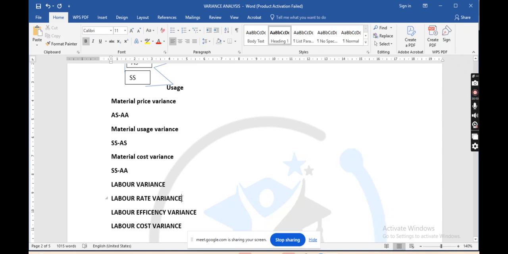So in this case, you can still bring the diagram here.